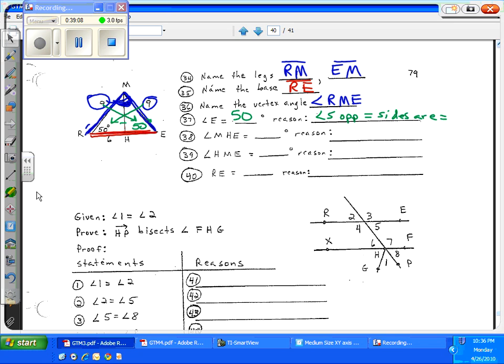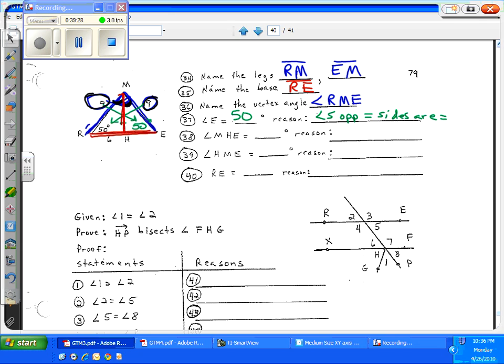Angle MHE. Here we have an isosceles triangle. It was given to start with that this angle was equal to this one. It was marked, which means that this is the vertex angle bisector.